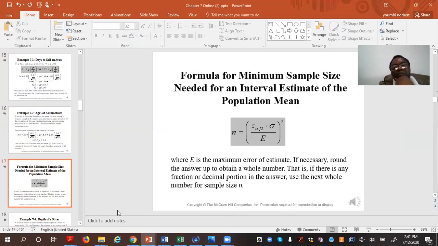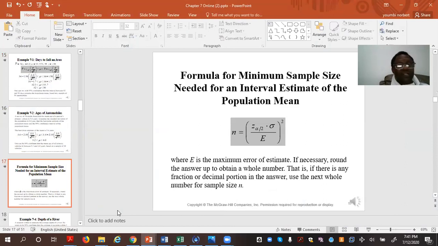We are using this formula. So the confidence level here is 90%, and Z alpha over 2 is 1.65. Standard deviation is 42.